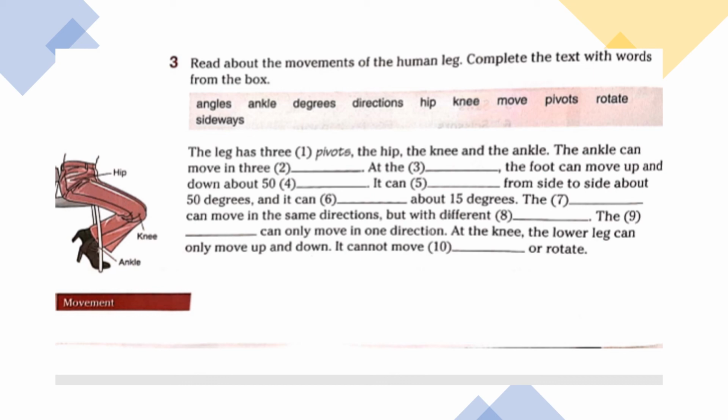Okay, after doing the exercise yourselves, let's check the answers together. What is number 2? Directions. Very good, in 3 directions.